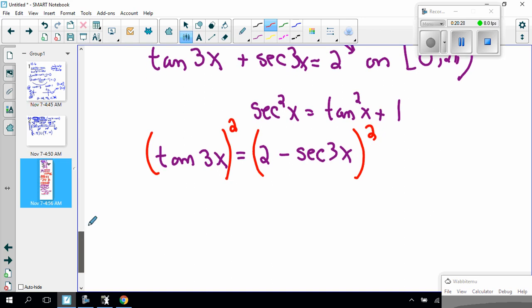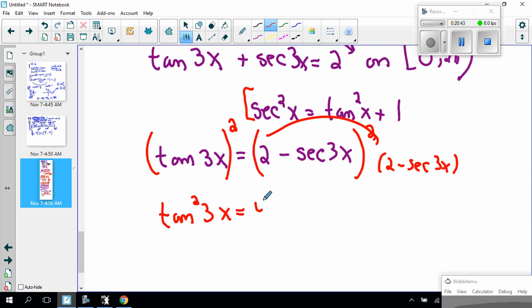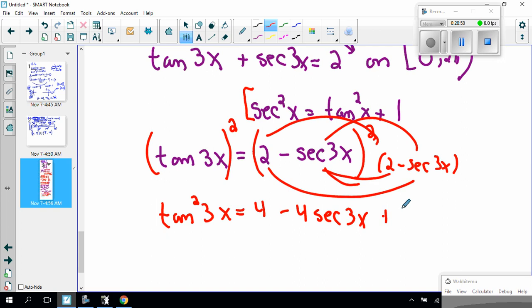I'm going to make the squareds appear. Now, I don't know if anybody likes it when somebody shows off and does all this in their head. So you get minus 4 secant 3x, and plus secant squared 3x.